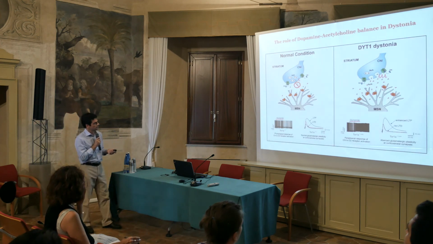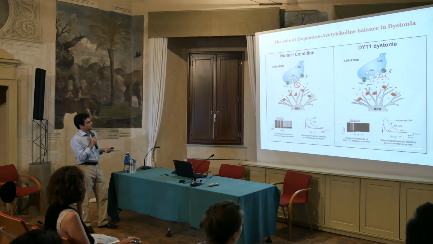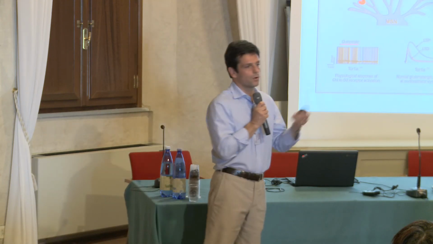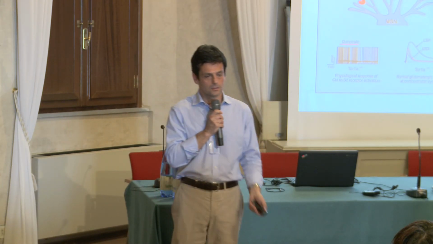So yes, basically this is a further summary, with M1 expressed on the spines of the dendrites of medium spiny neurons, and this excessive acetylcholine. So we believe that there is a hypercholinergic state in dystonia.